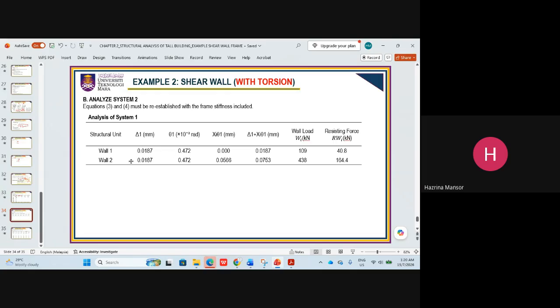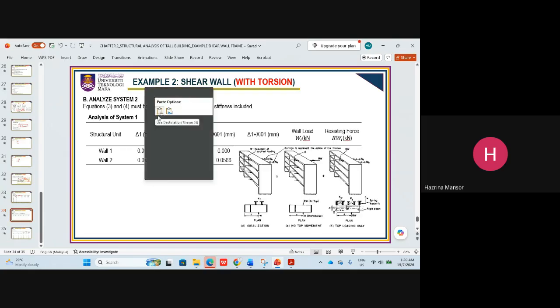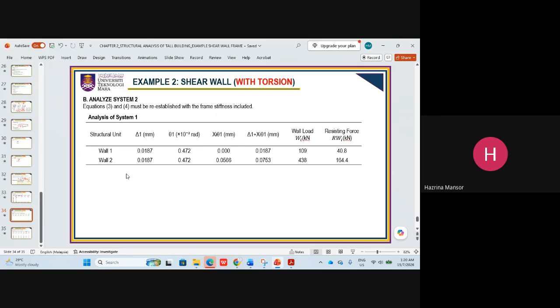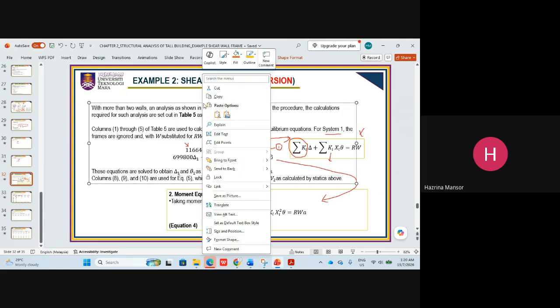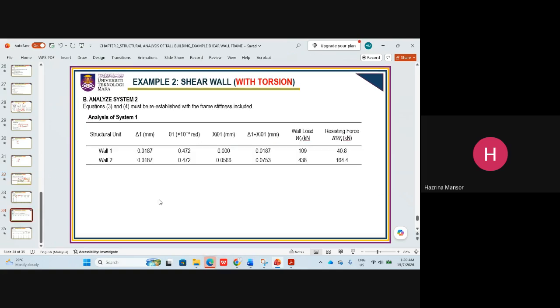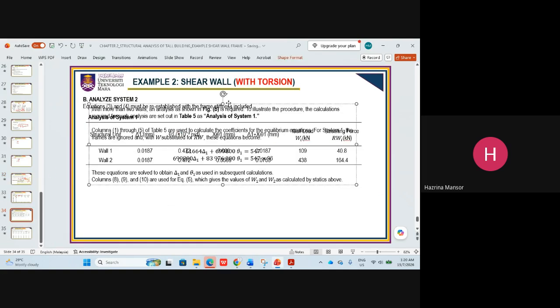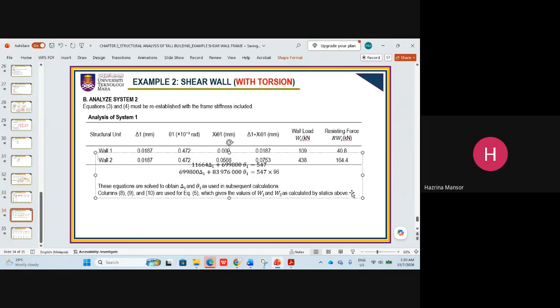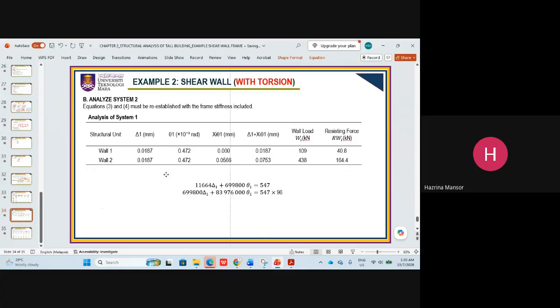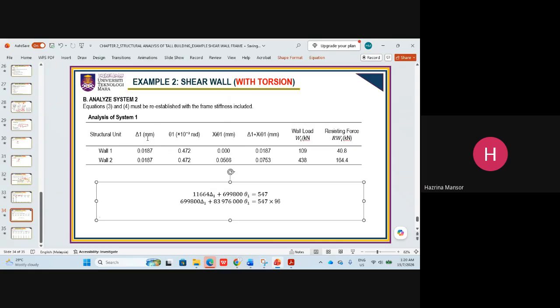And this is coming from the calculator that you submitted earlier, which means that from this equation, okay, hold on. From this equation, you will determine your delta 1 and rotation 1.